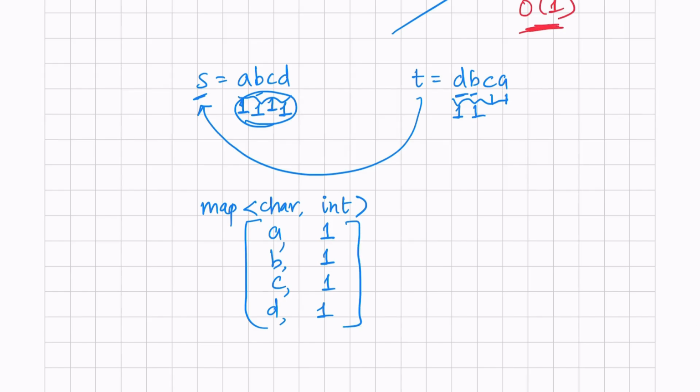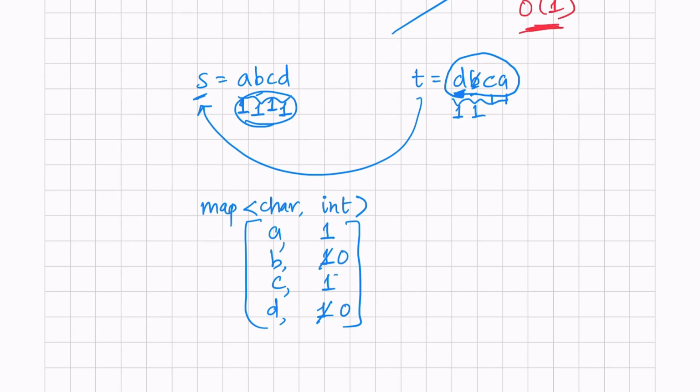Now, when we're counting characters in T, instead of adding like we did for S, let's subtract so that our life becomes easy. I'll tell you how. We found a D in T, so let's make this 0. We found a B in T, let's reduce the count here.